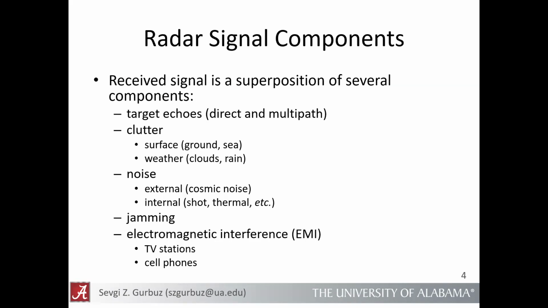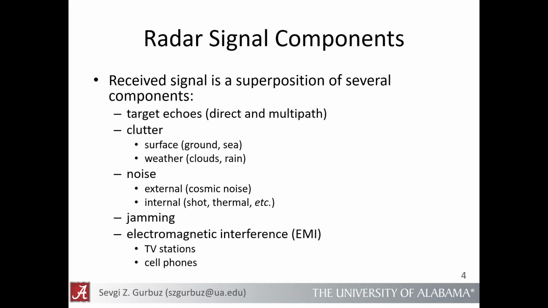So in general, what comprises our received signal when we look at what comes back in the backscatter? You're going to get a superposition of several different components. The electromagnetic wave will interact with everything that it actually touches and bounces off of. So this includes both the ground as well as the target.